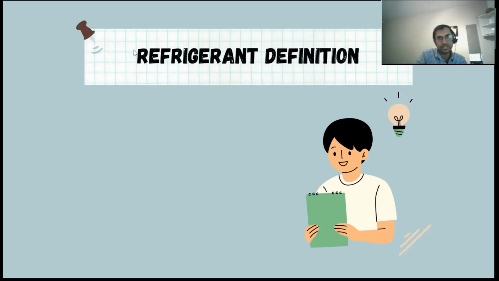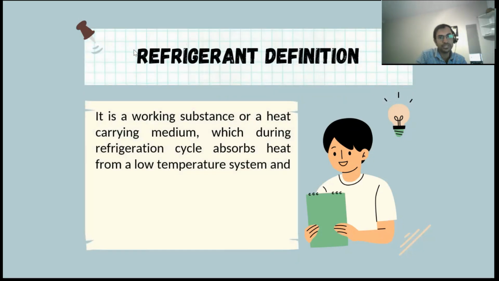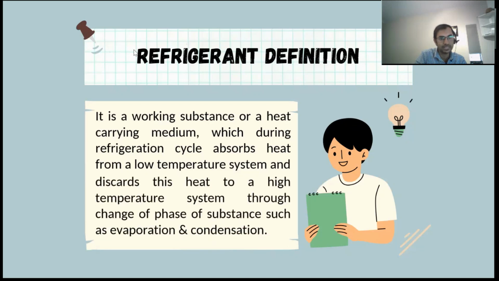So we can define refrigerant. It is a working substance or a heat carrying medium which, during the refrigeration cycle, absorbs heat from a low temperature system and discards, dissipates, or removes the heat to a high temperature system through change of phase of the substance, such as evaporation or condensation.